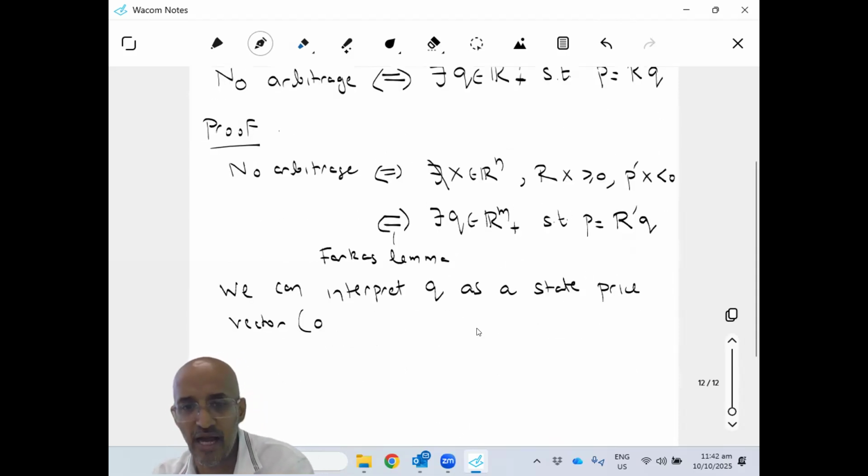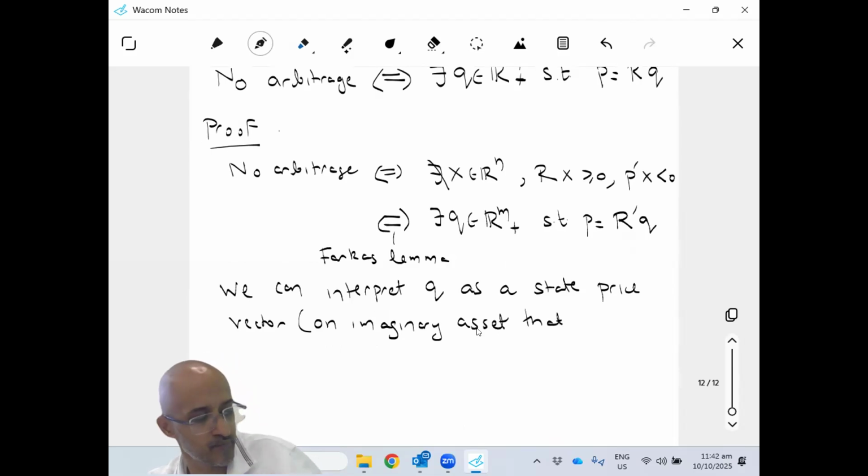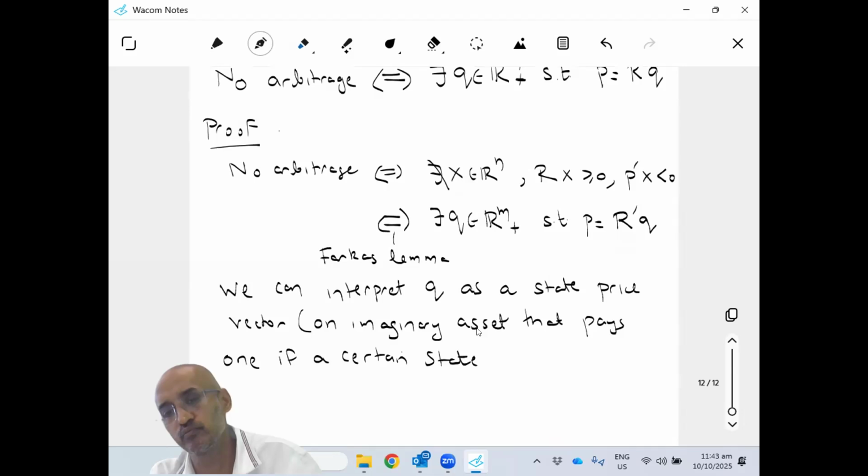Essentially an imaginary asset that pays one if a certain state of nature occurs and zero otherwise.